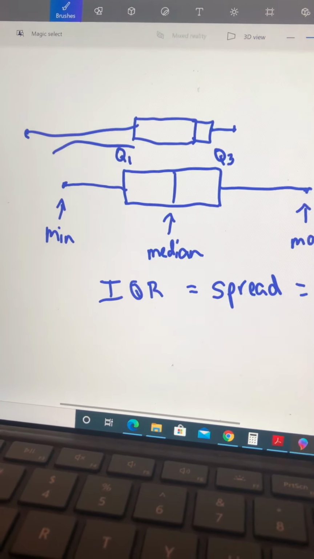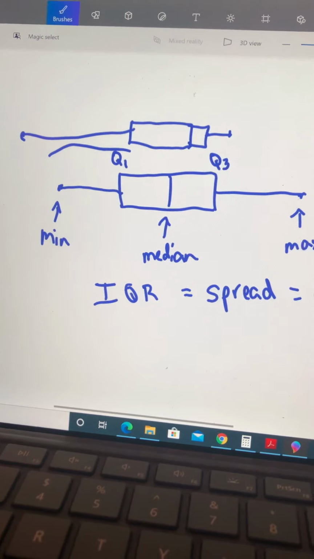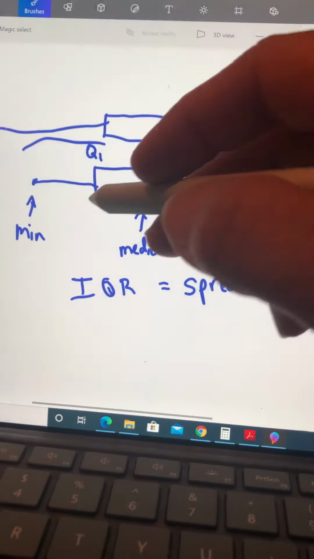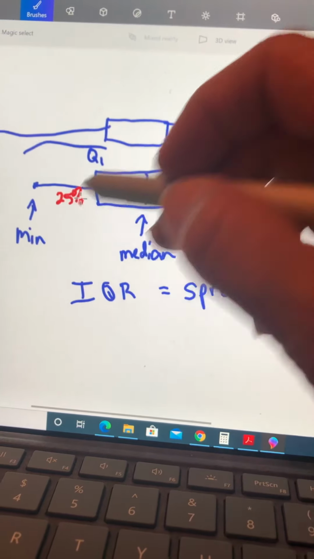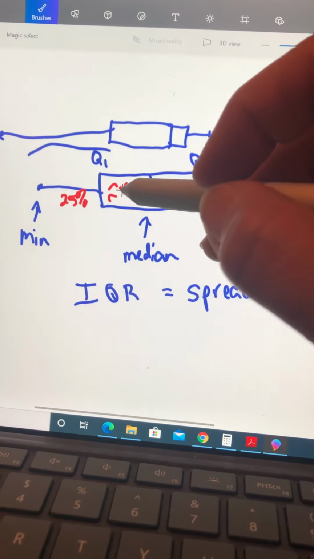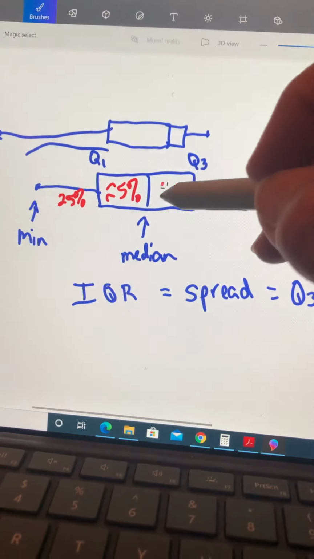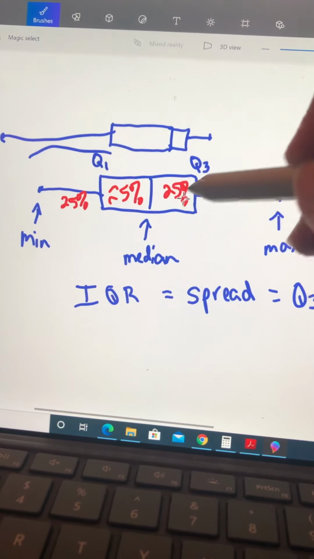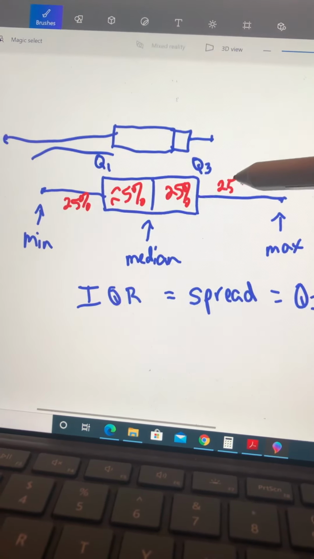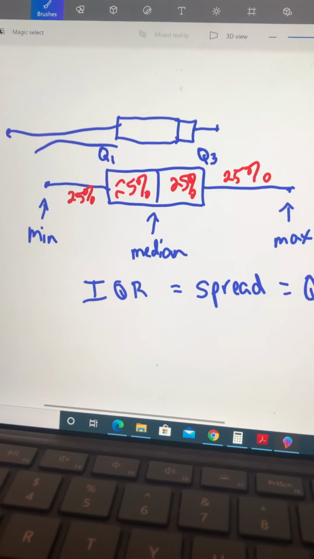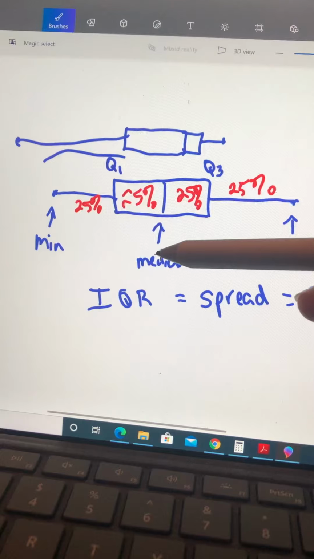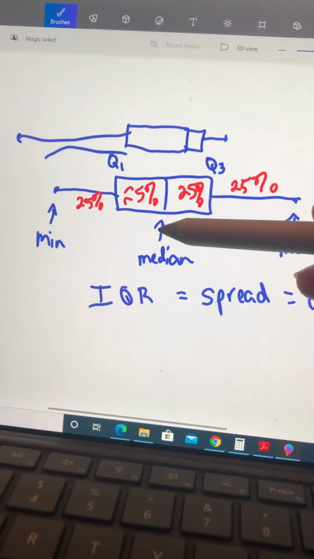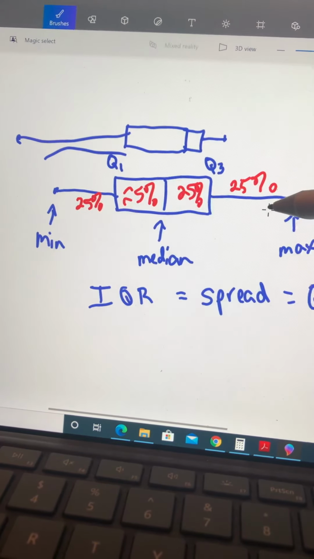And then keep in mind that all of these little pieces, if you will, represent 25% of the data. 25%, 25%, 25%, and 25%. Remember your median is exactly in the middle, so that's perfect because you have 50% below and 50% above.